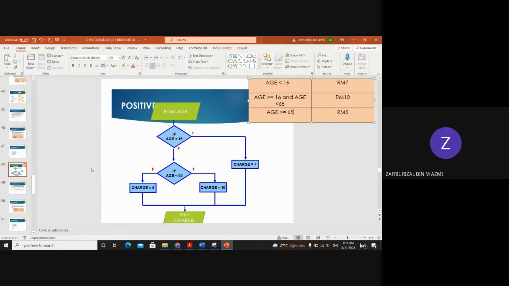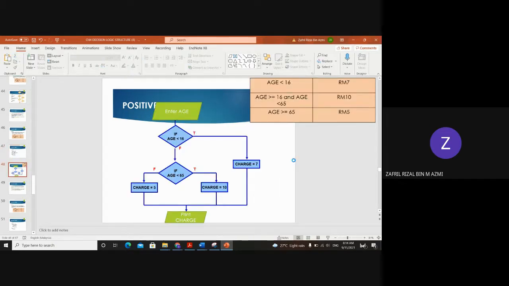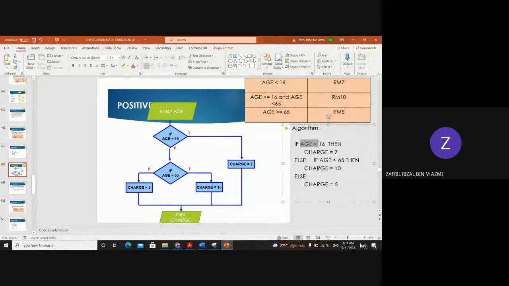If you convert this to algorithm, this is the algorithm: if follows by decision, else if follows by decision, and lastly else with no decision.